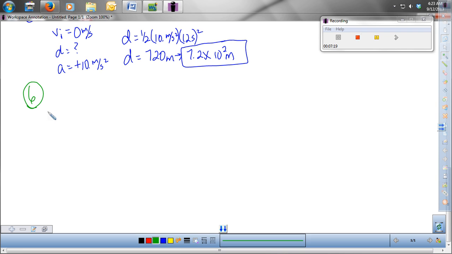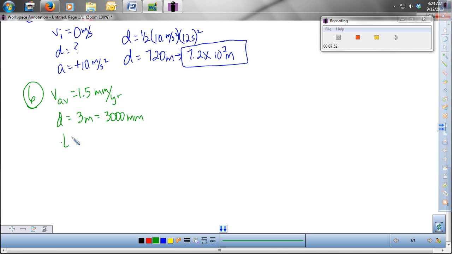The ocean's level is rising at 1.5 millimeters per year. You've seen this before. We did this in class. It asks, at this rate, in how many years will the ocean level be 3 meters higher than it is now? So that's 3 meters. 3 meters is 3,000 millimeters.